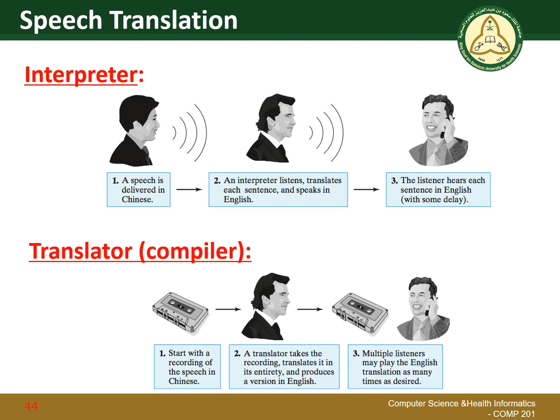The second difference is that there is some kind of object between the translator and the person or the user. Also, the overall time of translation is less than the interpreter because it is only at the beginning.